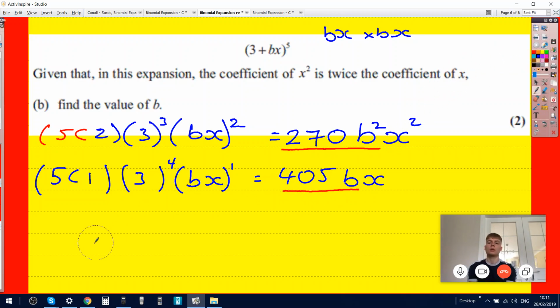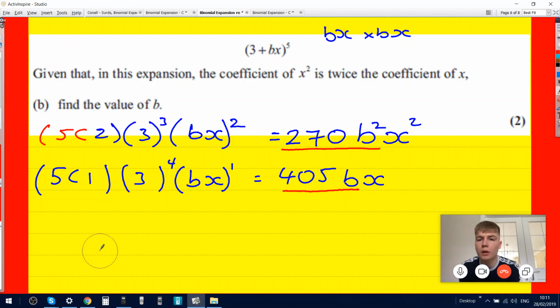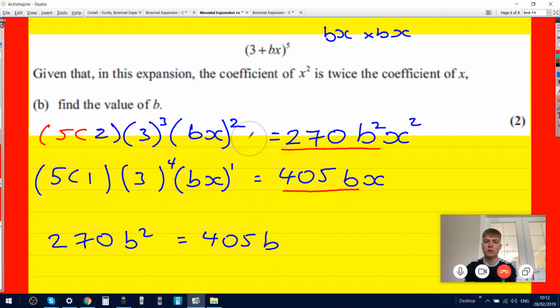Would you put the 270b squared x squared equal to 405bx? So 270b squared is equal to 405b. However, they said the x squared is twice bigger. So if I did that, it would have to be like greater than. So how would I make them equal?